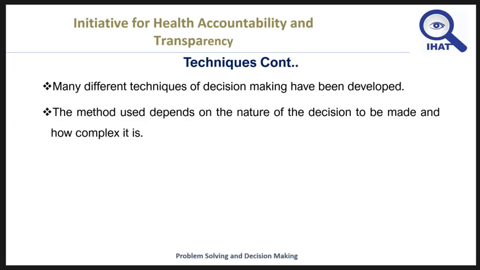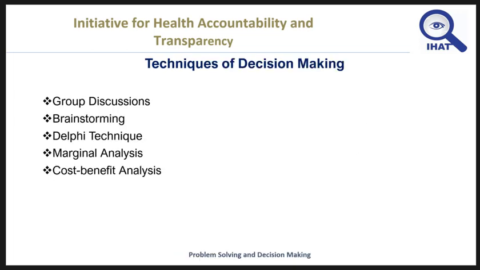The method used depends on the nature of the decision to be made and how complex it is. The different techniques include group discussion, brainstorming, Delphi technique, marginal analysis, and cost-benefit analysis. Let's discuss these techniques one after the other.